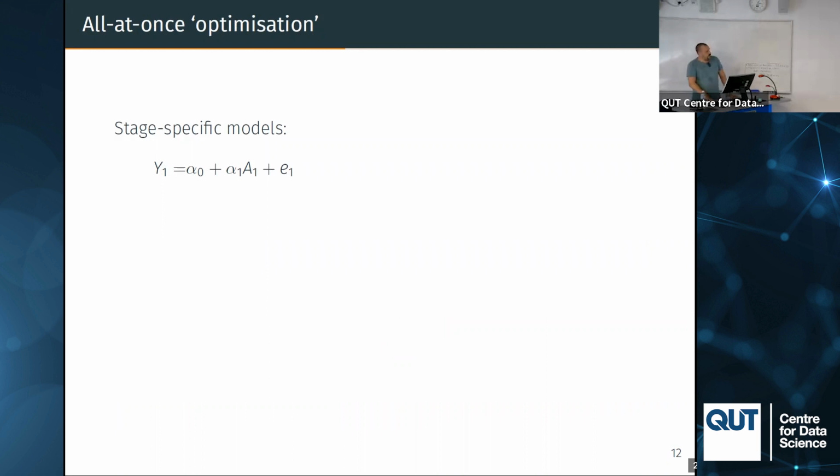So if we were talking about optimizing these decision rules, one intuitive but wrong way of approaching it would be to look at things all at once, or to look at stage-specific all-at-once models. So we might develop a linear model of the outcome with treatment at stage 1, and then in the second stage we have a model of the outcome in stage 2 with respect to all of the possible histories at stage 2.